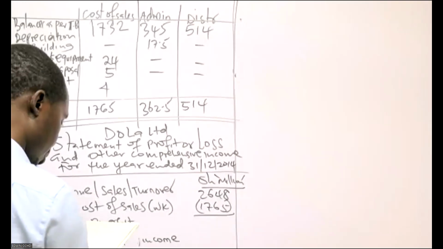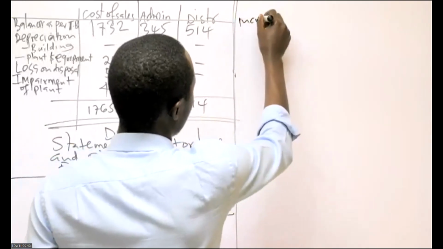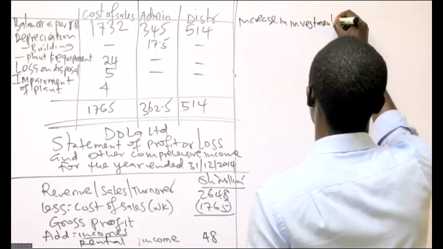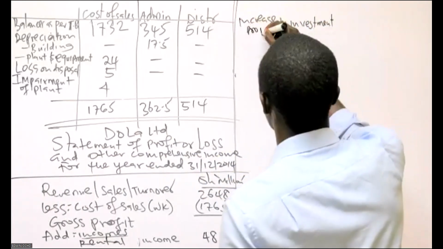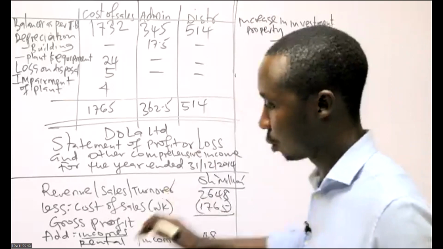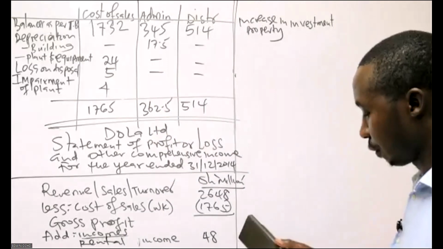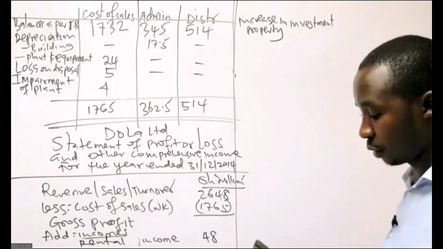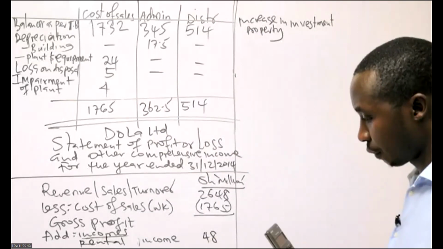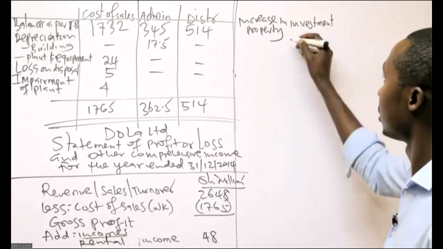So the rental income is 48. And there was an increase in investment property. It was from 548 to 586, which if you check note 6, after they did a valuation, the market value of the investment property by the end of the year was stated at 586. 586 minus the 548, that is 38.